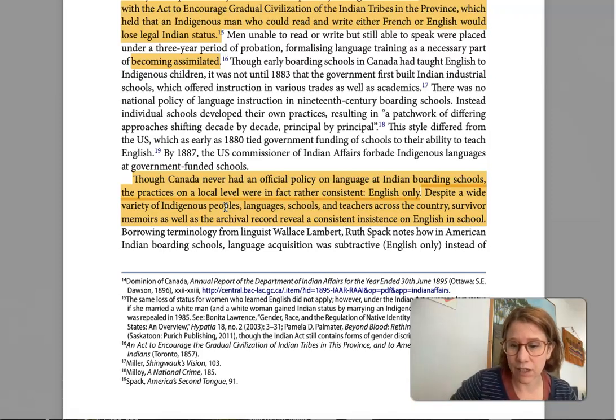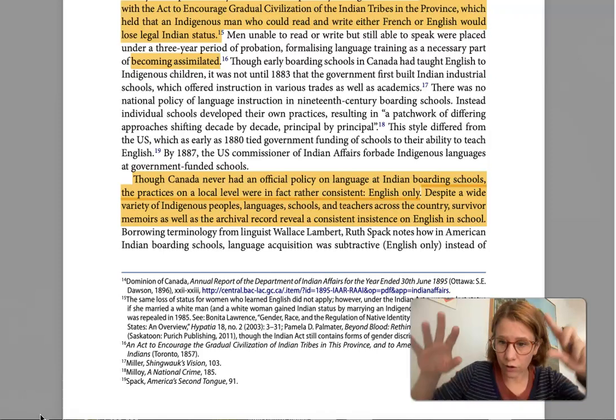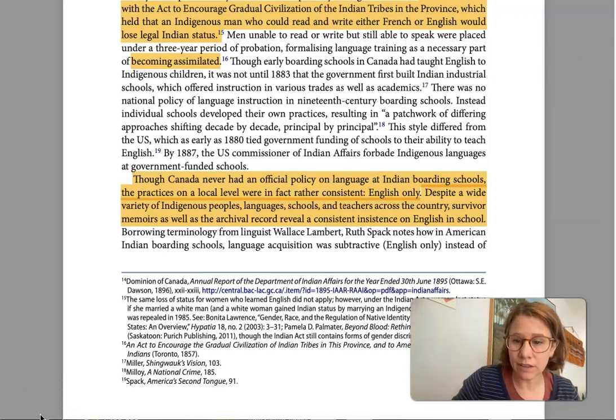There's Cree and other Indigenous languages like Inuit and Ojibwe and other different Indigenous languages spoken in different territories all across Canada. But she said the majority of the schools had a zero tolerance for students speaking any of their Indigenous languages within the schools.